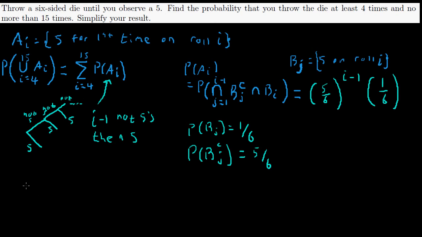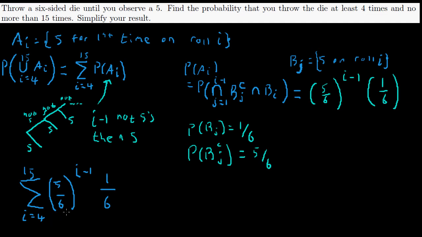So I'm going to write out the entire sum: the sum from i equals 4 to 15 of 5/6 to the i minus 1, times 1/6.